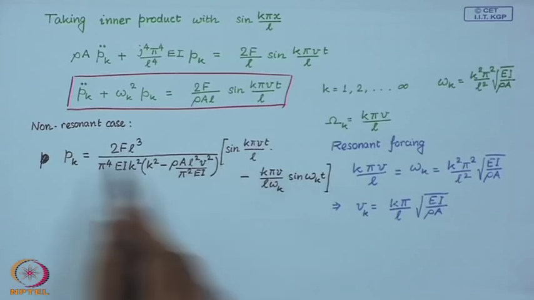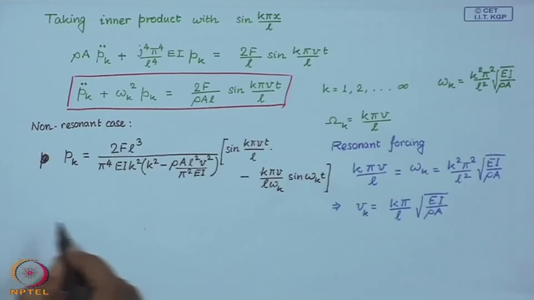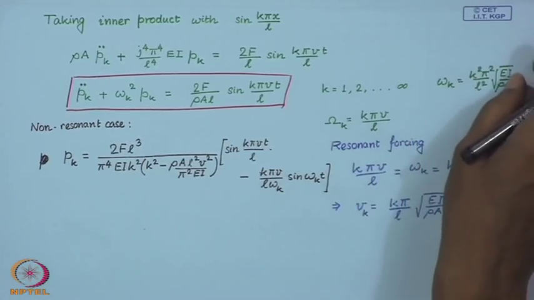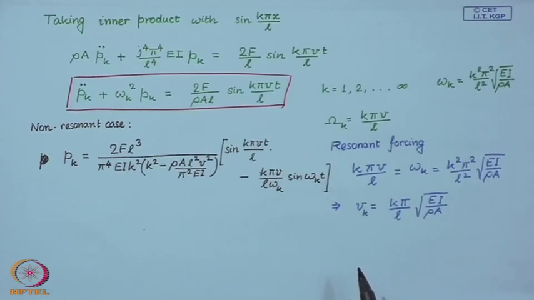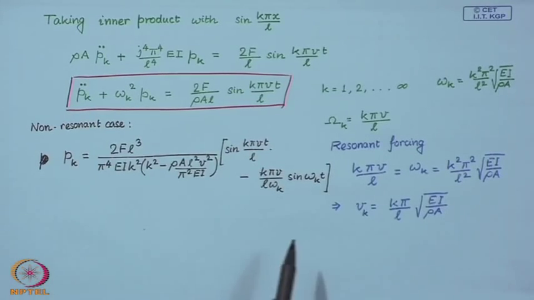Now, this solution also satisfies the initial conditions for the beam, which is that it is undisturbed at t equal to 0. So, the initial shape as well as the initial velocity of the beam is 0.